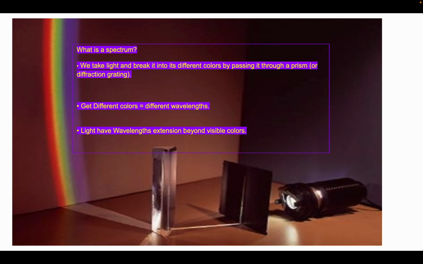We know light has wavelengths beyond the visible band, so there is optical spectroscopy, UV spectroscopy, and infrared spectroscopy. All kinds of spectroscopy can be done, fundamentally and of course experimentally. Now in this lecture, for the spectrum, we will mainly look at the optical spectrum.